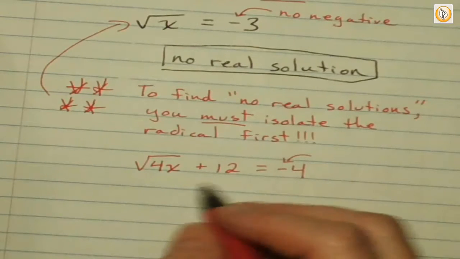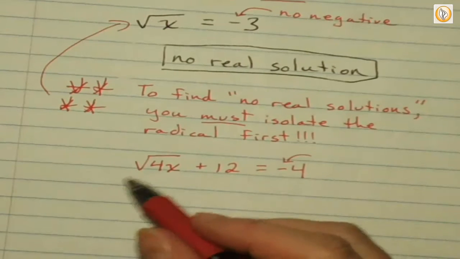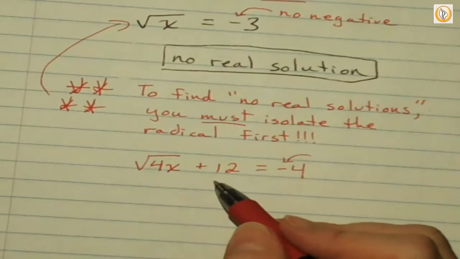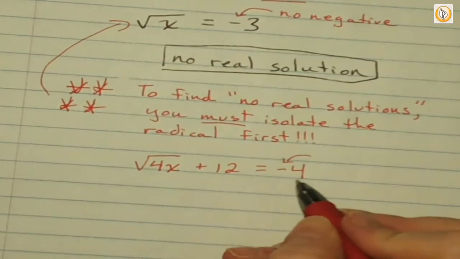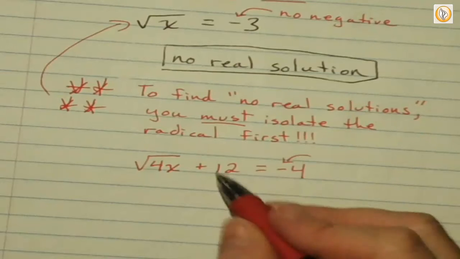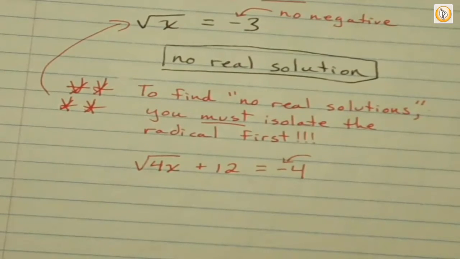That's right. Listen to what I'm saying. If you have a problem like this, it hasn't been isolated. You haven't even started on it. But there's a negative over here. I have students always put, oh, no real solution. There's a negative on this side of the equal sign. Don't do it.